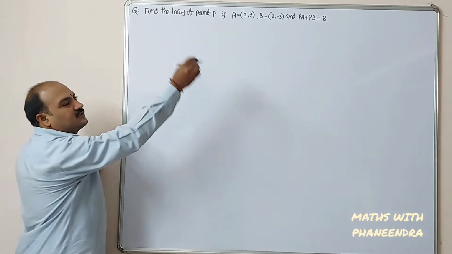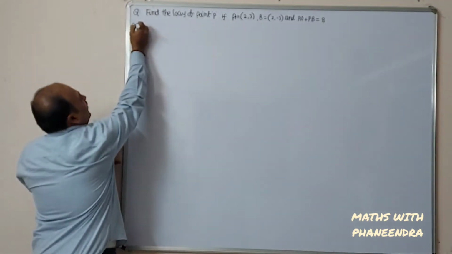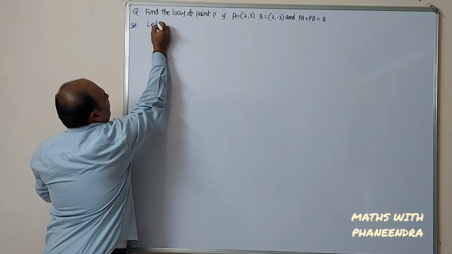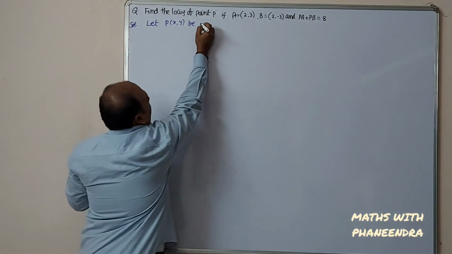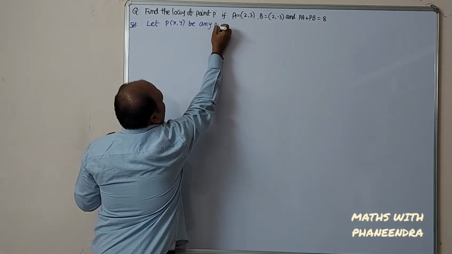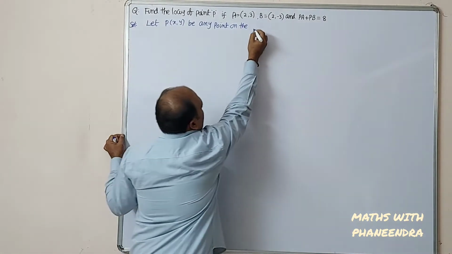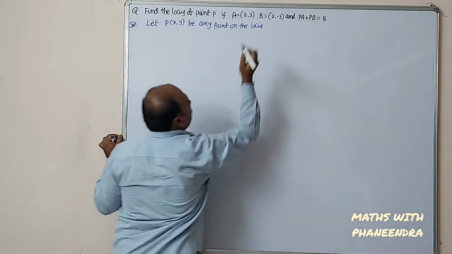The first point is, let P of x comma y be any point on the locus. This is the first step, dear students.